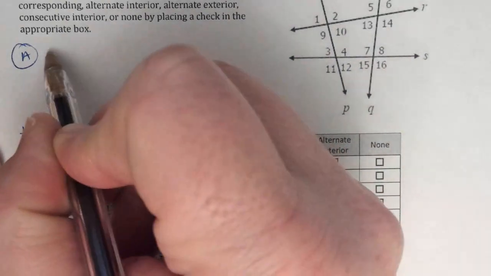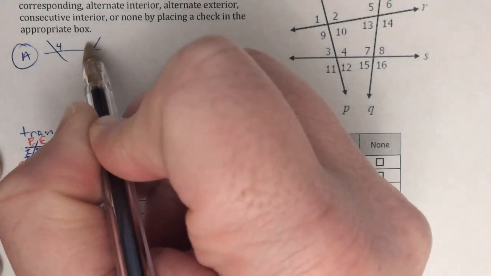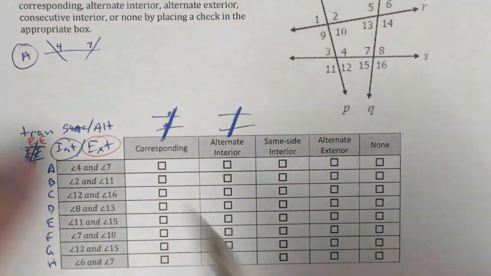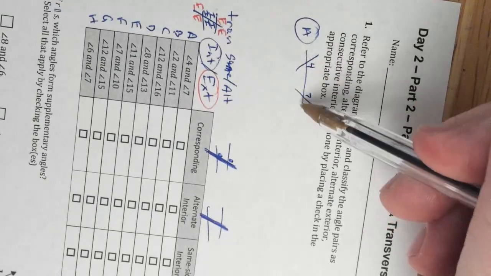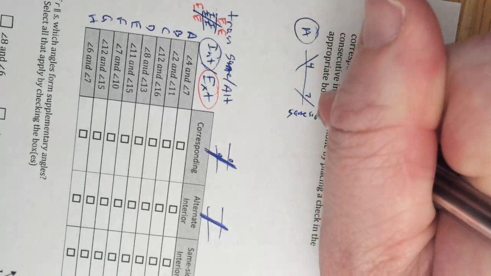We're going to turn this until these two lines are horizontal to us. Are they on the same side or alternate sides? They're on the same side, and they're both on the interior. So that's same side, interior.